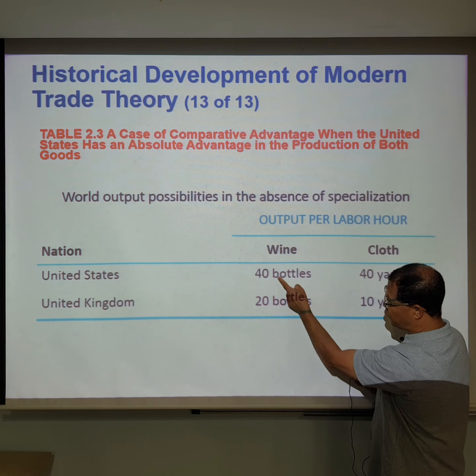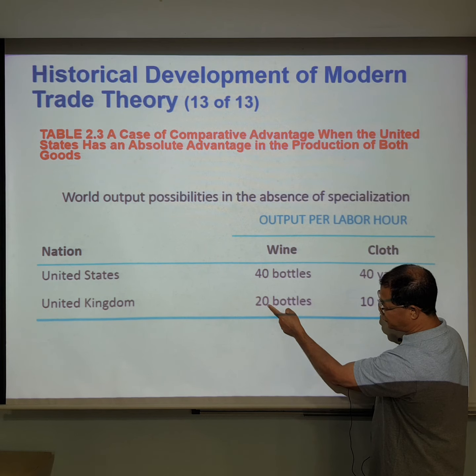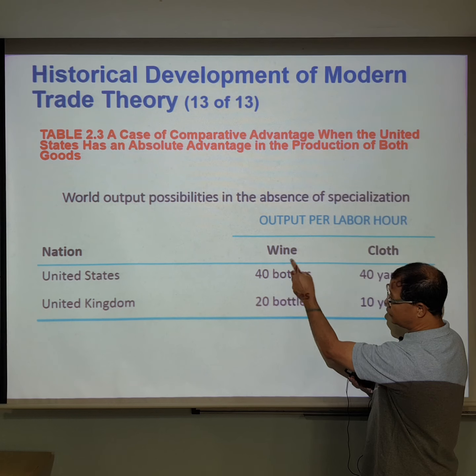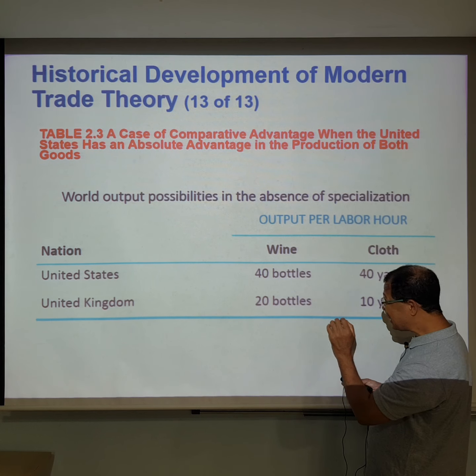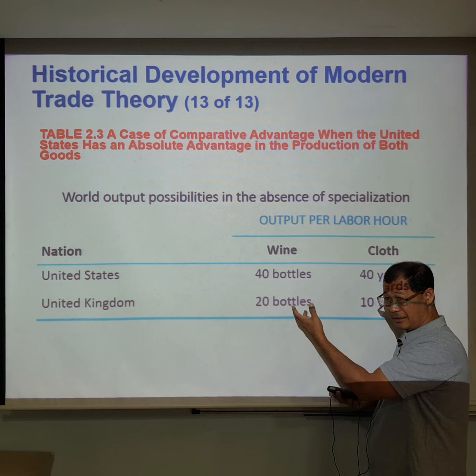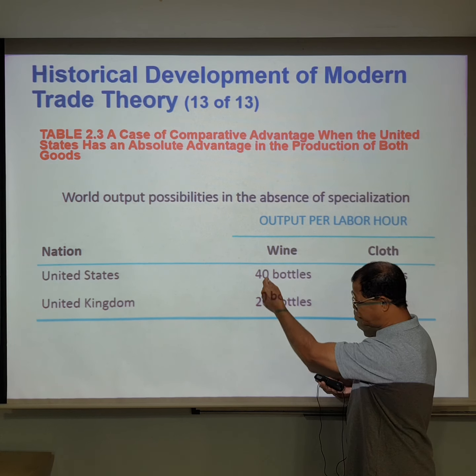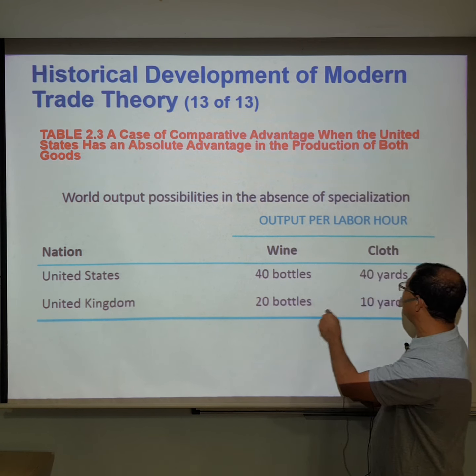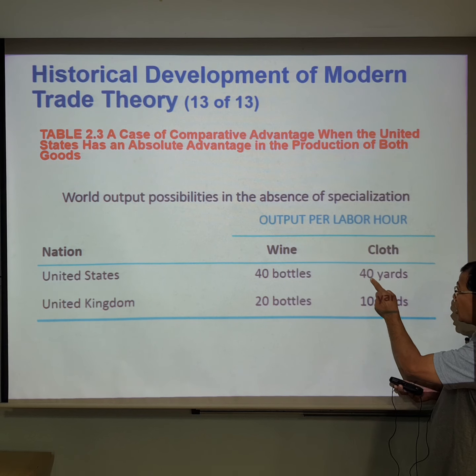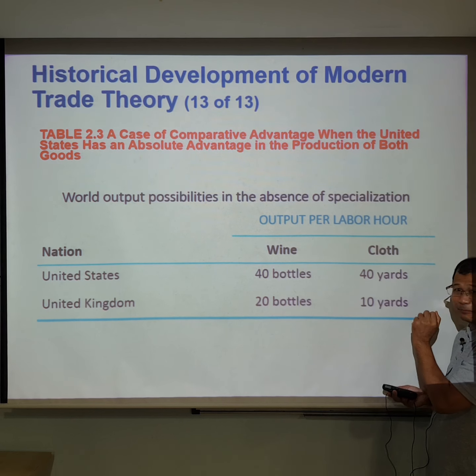For the United States, 40 divided by 22, right? So in terms of wine production, the United States has an advantage of two times only. With cloth, 40 divided by 10, 4 times.